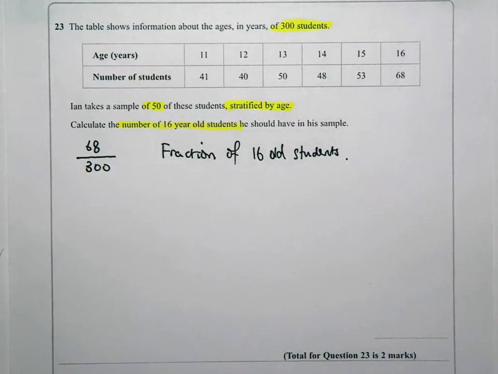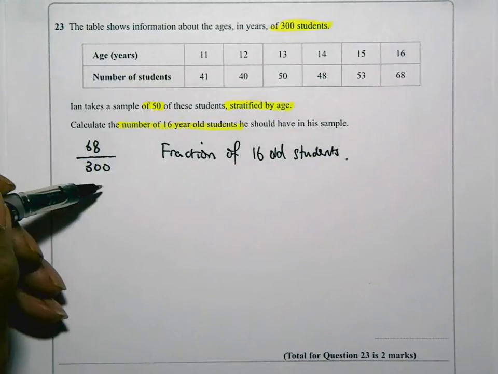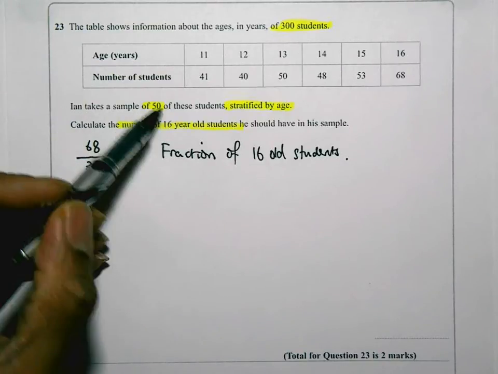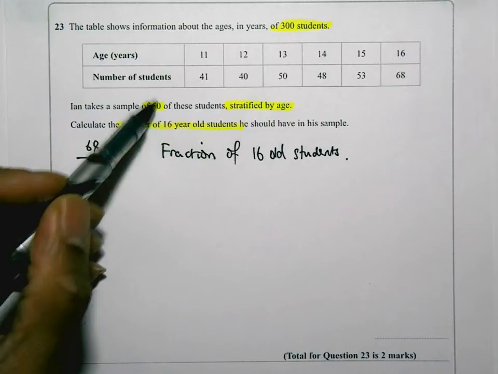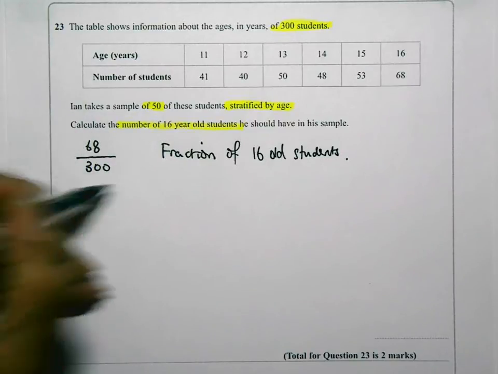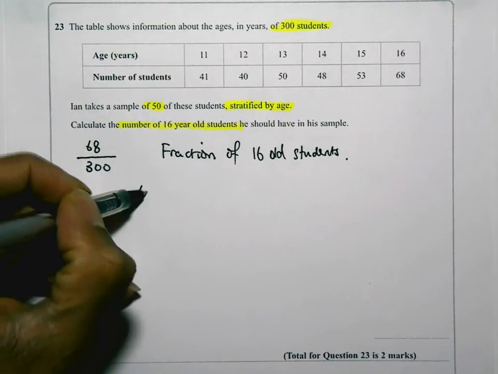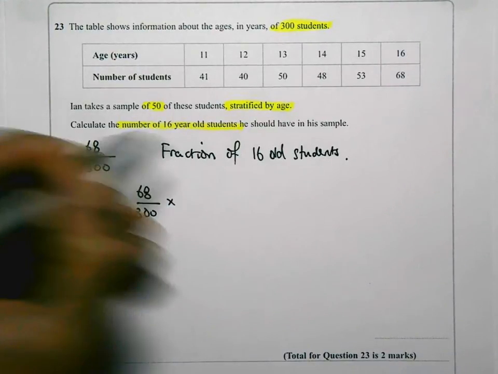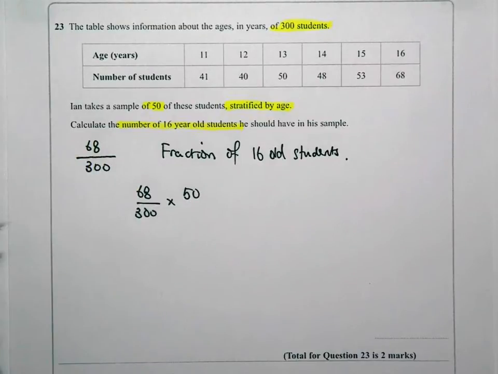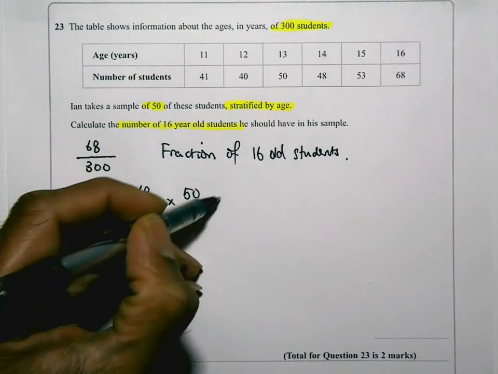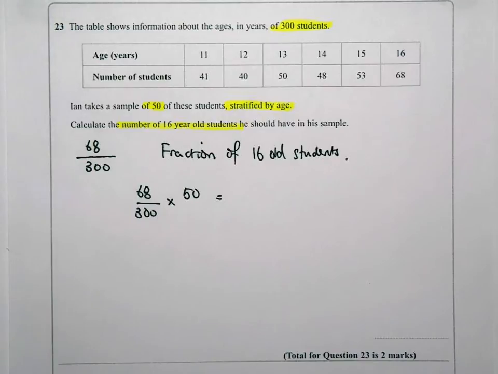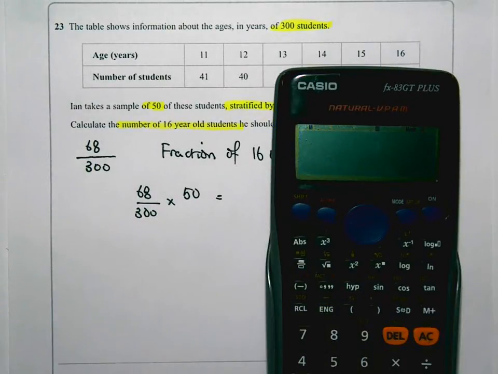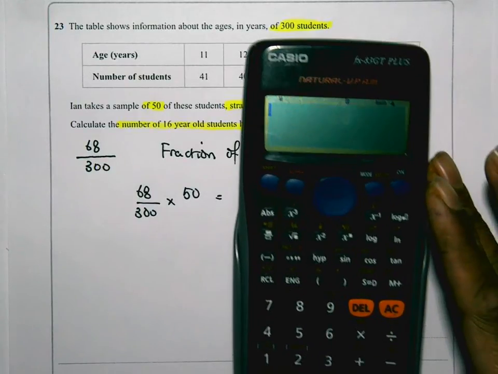Now, if that's the fraction of 16-year-old students, then he needs to pick that fraction of 16-year-olds to be among his 50 students. So I need to work out 68 over 300 times 50. So it's that fraction of 50 that he needs to choose to pick the number of 16-year-olds he should have in his sample. So I'm going to actually do all of that on the calculator.